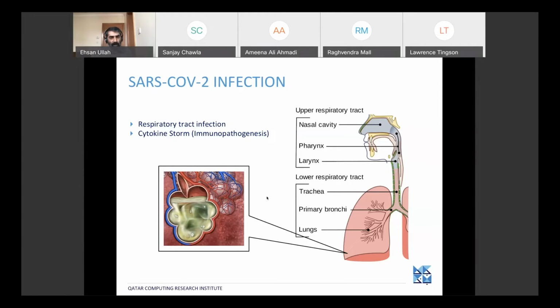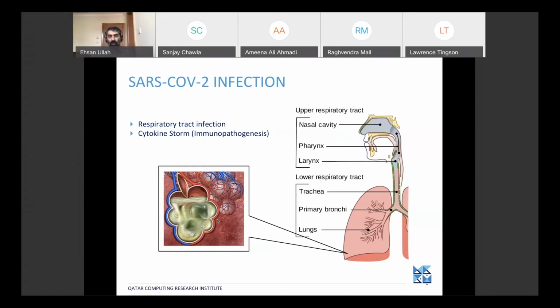This syndrome fills the small air sacs of the lungs with fluid, which reduces the ability of the lung to absorb oxygen from the air. This causes shortness of breath in severe SARS coronavirus 2 infections where the immune system of the patient has been activated.